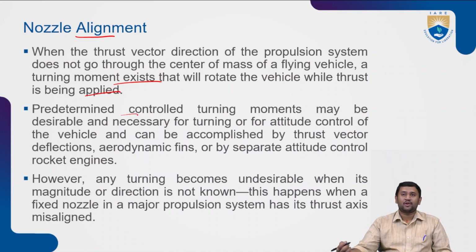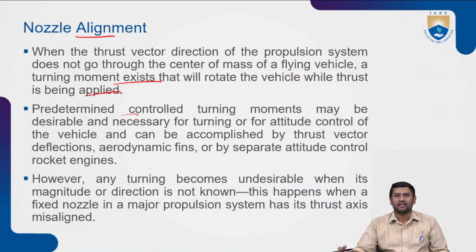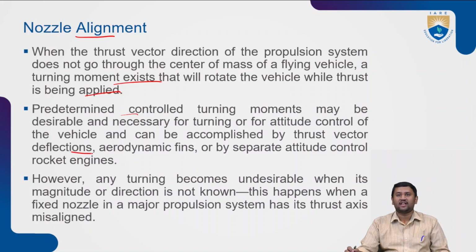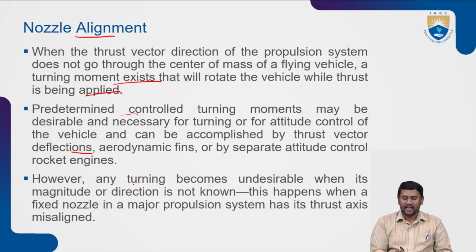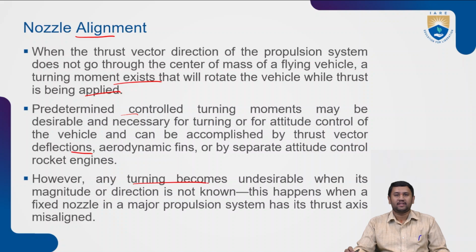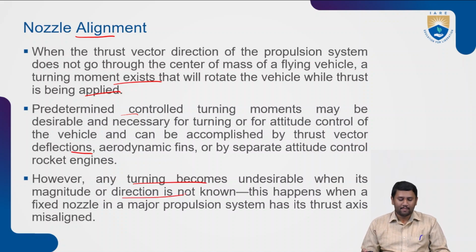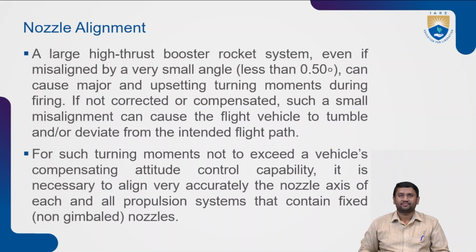A predetermined controlled turning moment may be desirable and necessary for turning or for altitude control of the vehicle, which can be accomplished by thrust vector deflections as well as aerodynamic fins, which are separated from altitude control or rocket engines. However, any turning becomes undesirable when the magnitude or the direction is unknown. So this happens when a fixed nozzle in a major propulsion system has its thrust axis misaligned.